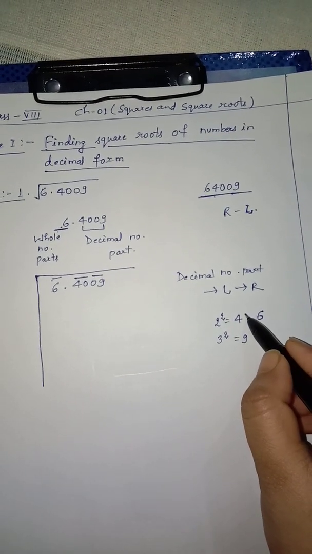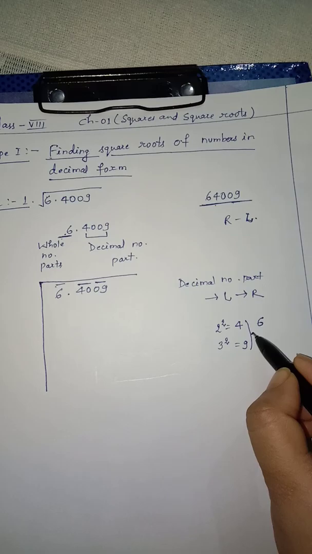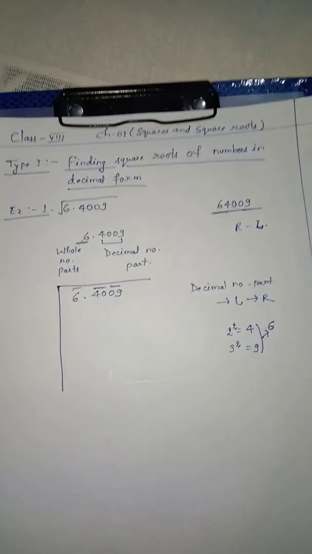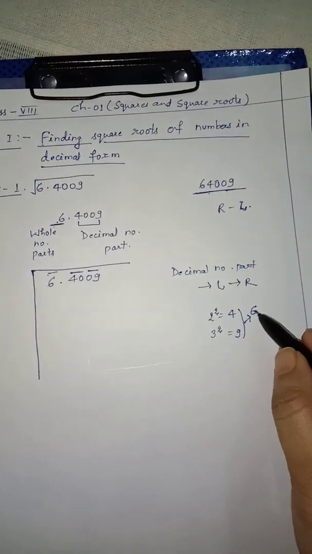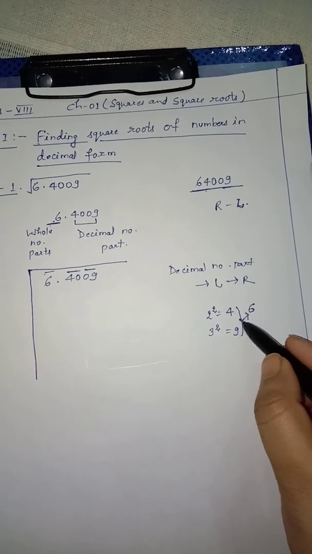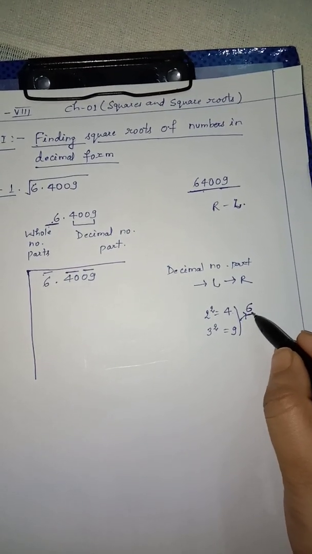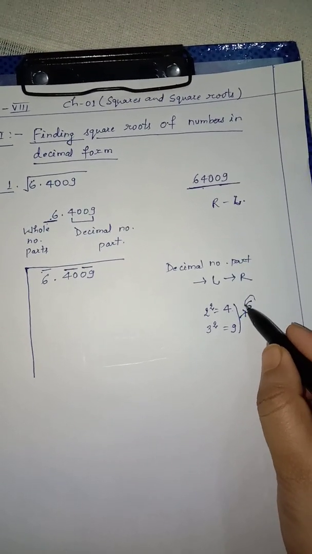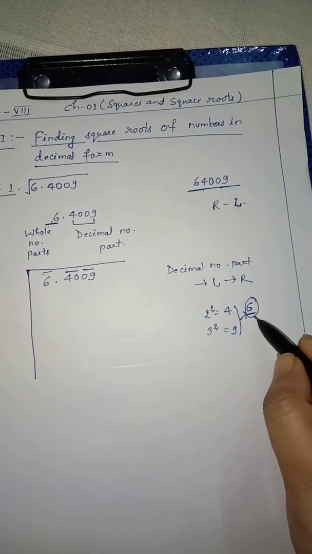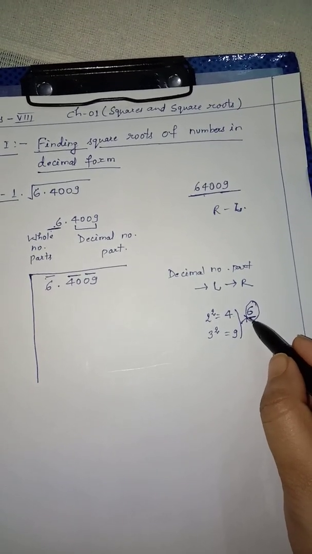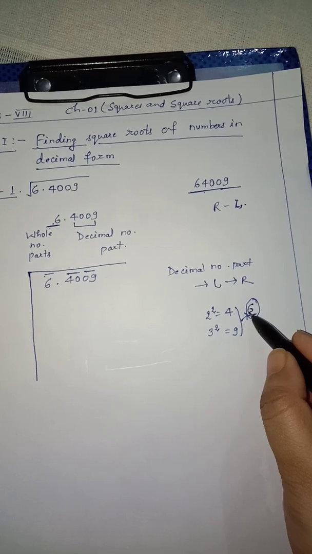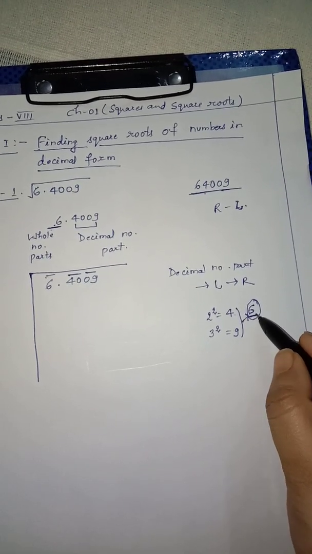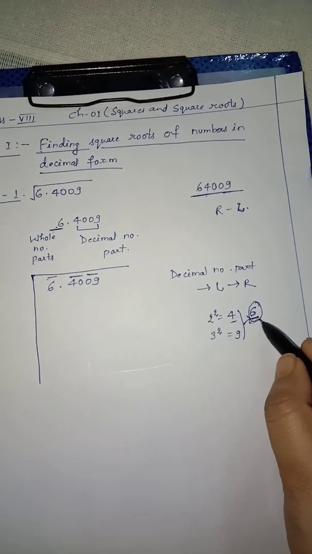We have to compare these perfect squares with 6, and take the one which is equal to or less than 6.